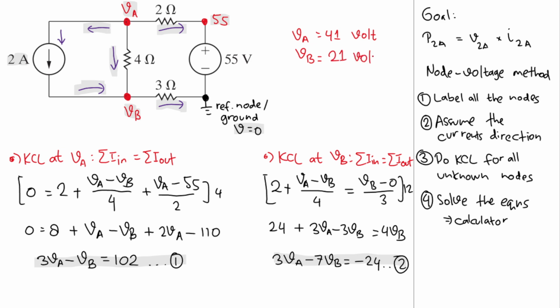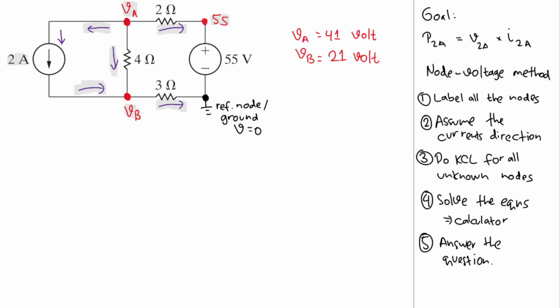Okay, but the question does not ask about VA and VB. It is asking about the power extracted by the 2 ampere current source. So the fifth part will be answering the question. Maybe our slide is a bit full. Let's clean up our slide. What is the question asking us?